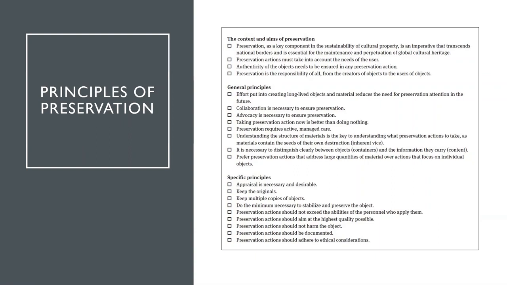This idea that taking preservation action now is better than doing nothing kind of relates to what I just talked about. If you are in an archive that has records that have been in some form of storage, even for a long time, it's never too late.